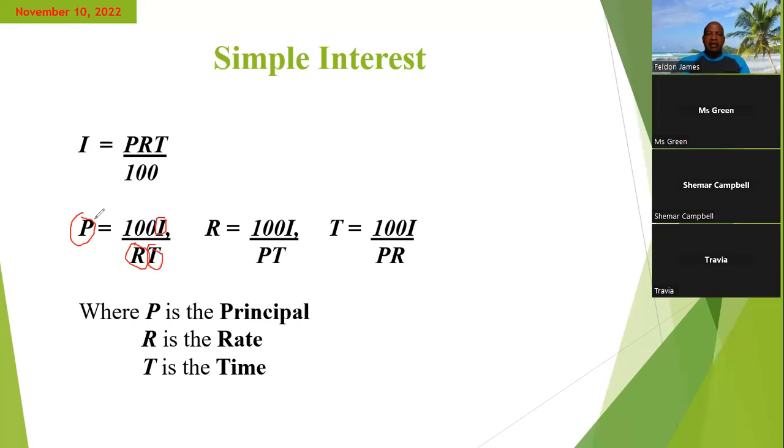So generally, the formula is working based on the one that you're trying to find. So the others you would have known from the question. So all these three formulas are derived from this original simple interest formula.